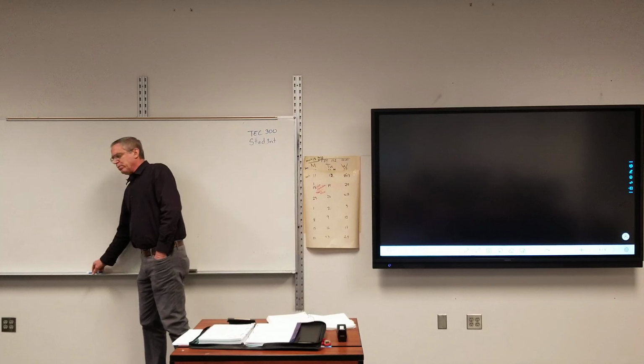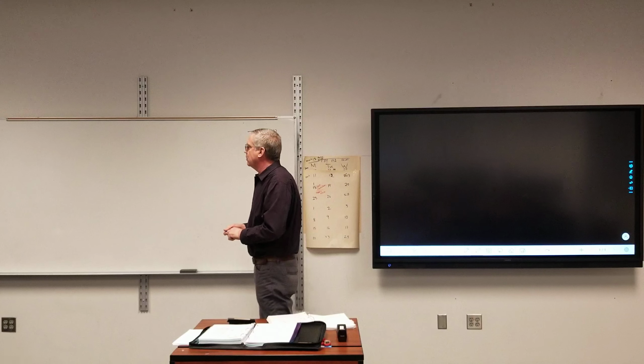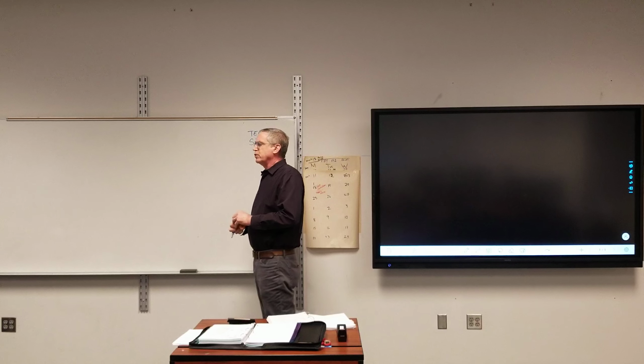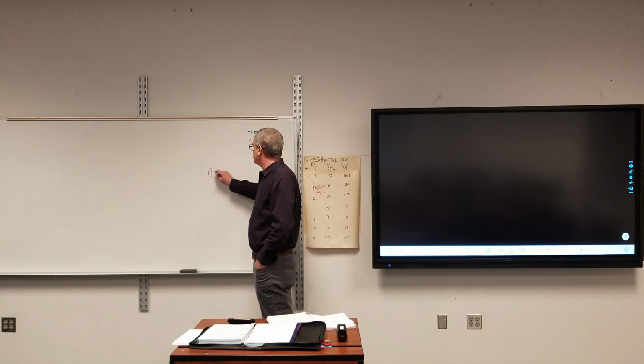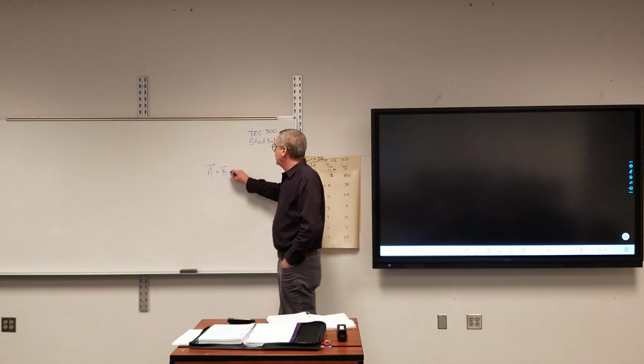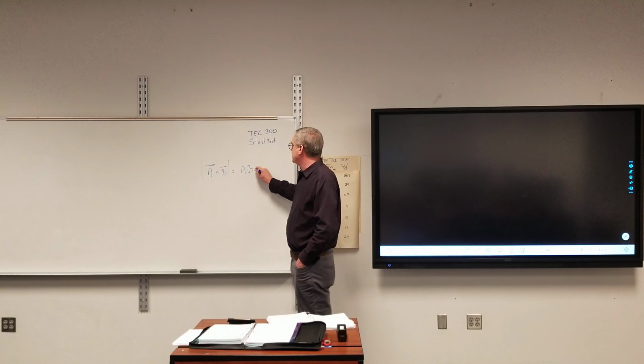You ultimately end up with a cross product in there, and the magnitude of the cross product, if I had A cross B, is AB sine of theta.